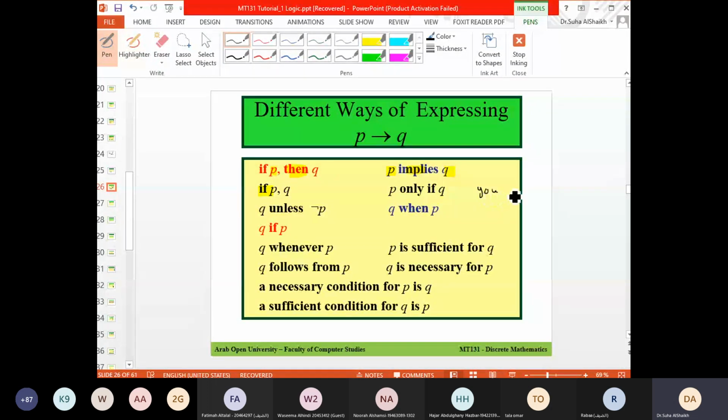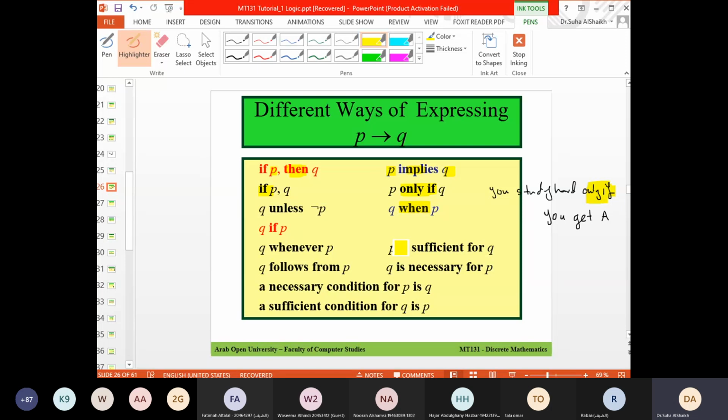ممكن we write it like P only F Q. I can write it like مثلا you study hard only if you get an A. شايفين كيف؟ مع انها جايه بعد الاف لكن مش بس F, it's only F. So what comes after the only F is the Q and what comes before it is my P. Also the when can replace the F. ممكن ان بدال الاف احط when.